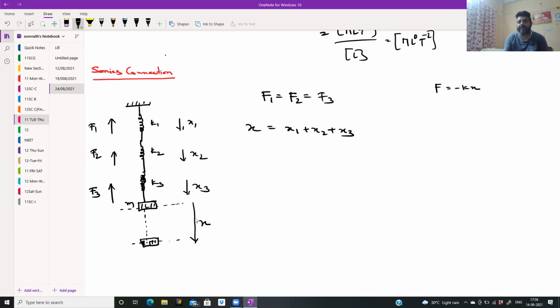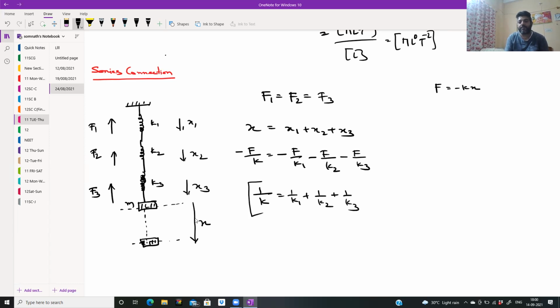So that is minus F by K equals minus F by K1 minus F by K2 minus F by K3. So 1 by K equals 1 by K1 plus 1 by K2 plus 1 by K3. So this is called a series connection. Clear, everyone? Yes, sir.